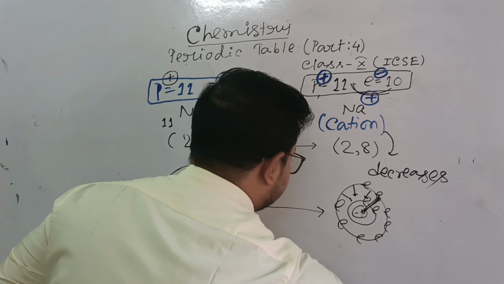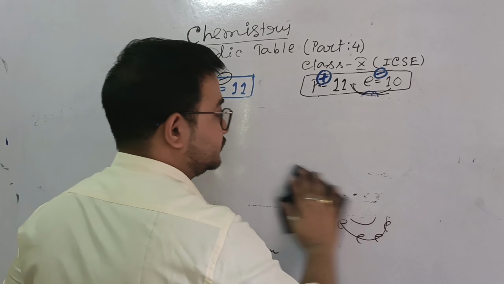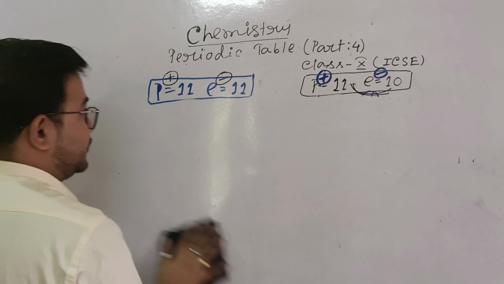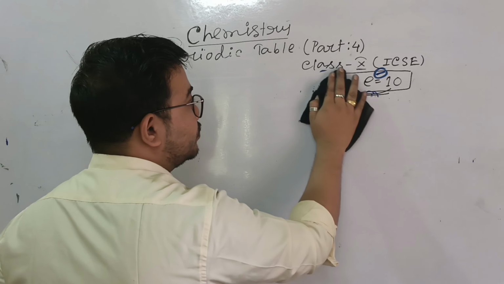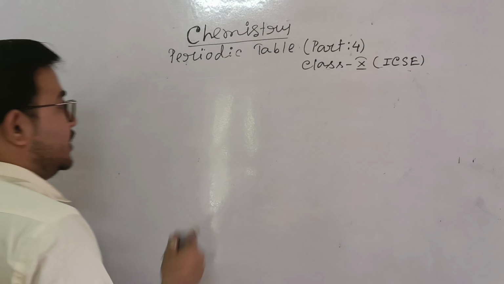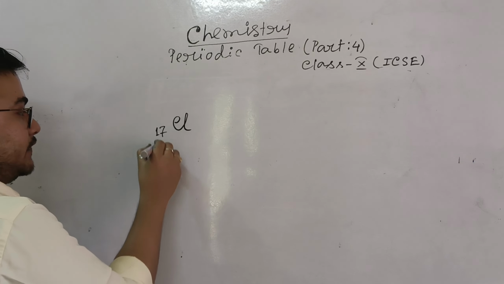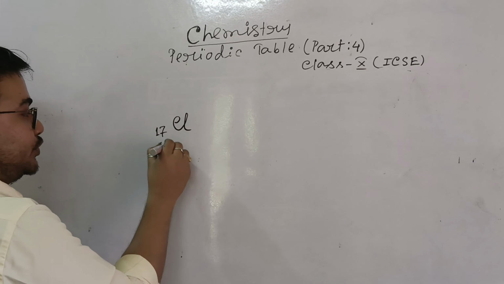Okay. Now, if we consider another concept or another question based on radius. Look at the board. If you consider chlorine, what is the atomic number? 17. So 2, 8, 7. Done.